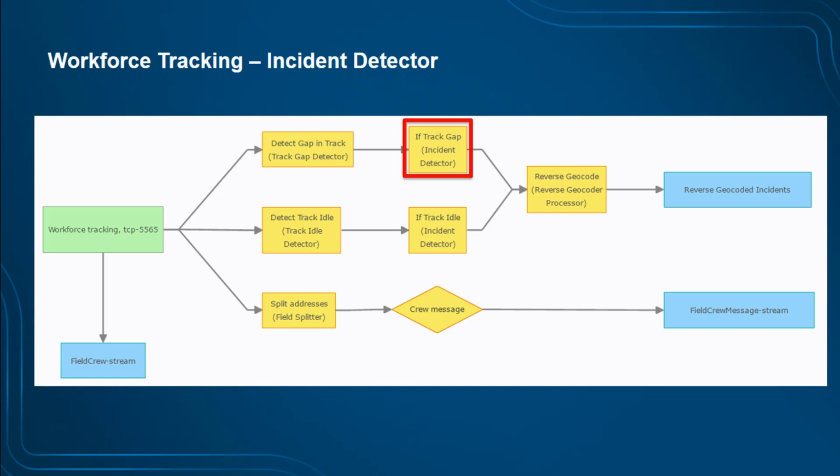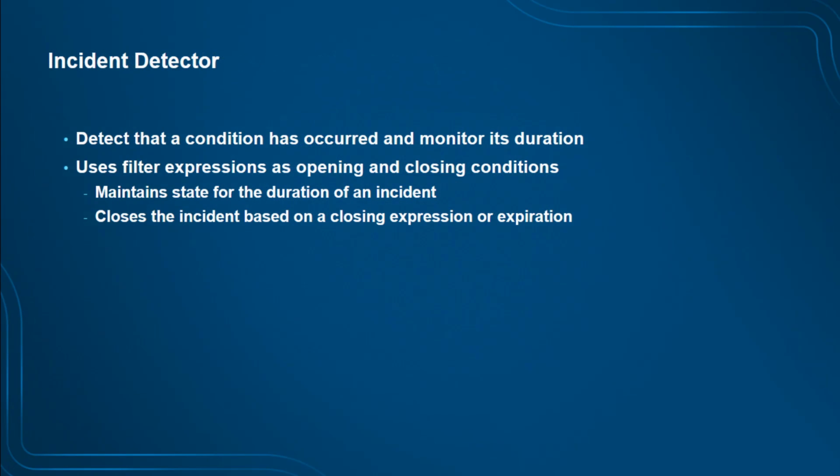The incident detector watches that track gap message, and if gap equals true, now we're going to generate an incident, and it will open an incident and then continue to track that incident and the duration and the open status of that incident so that the supervisor can have a summary of when that incident began and how long it lasted if it closes.